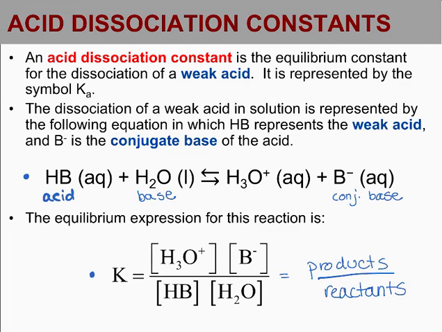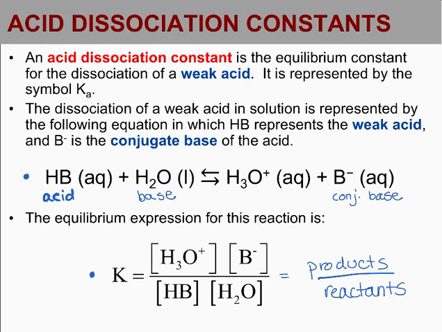So we have the concentration of the hydronium ions multiplied by the concentration of the conjugate base, divided by the concentration of the acid times the concentration of water. Now, we also normally would raise each of these concentrations to the coefficient, but if we look at our equation up above, all of the coefficients are 1. So we can just leave all of those concentrations as they are.